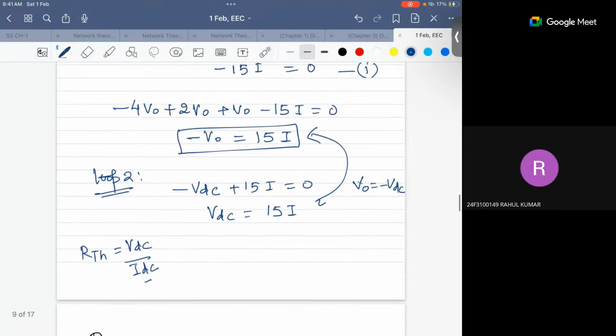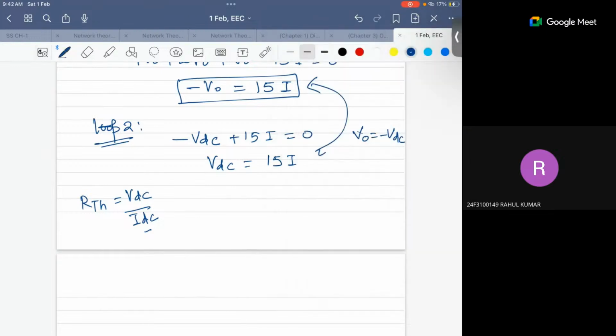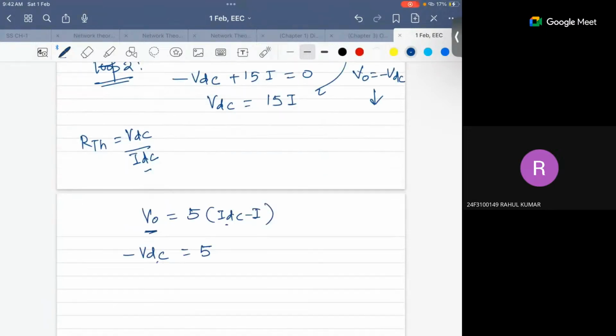So I was having V naught equals 5 times IDC minus I. Because RTH is VDC upon IDC, I can write it in terms of IDC minus 5 times I. And I is VDC upon 15.